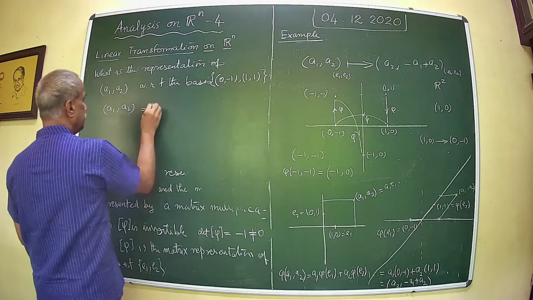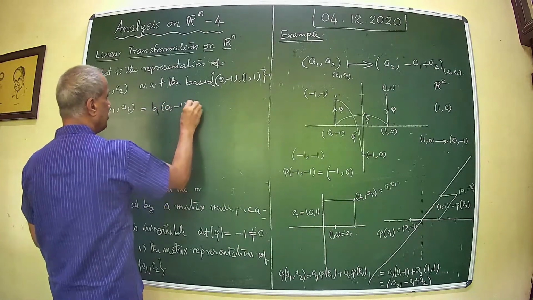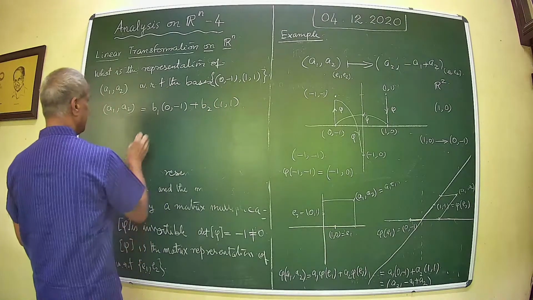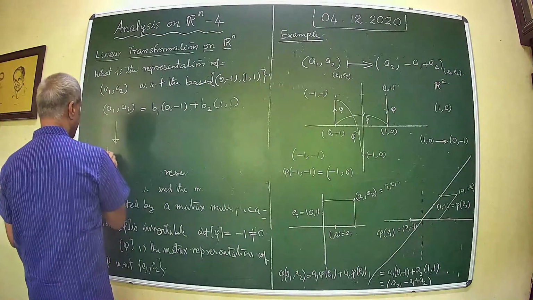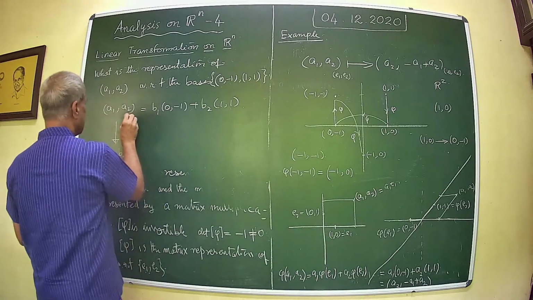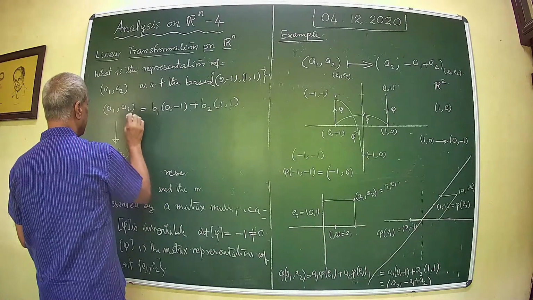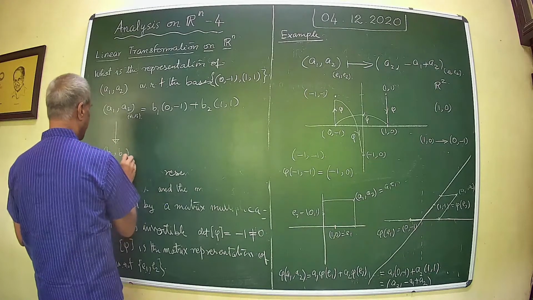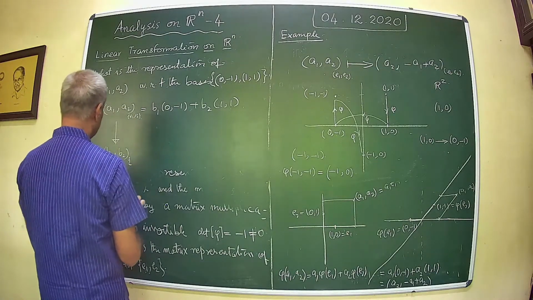You write this as B1 into B1, B2. With respect to the new coordinate system, this is with respect to B1, B1, B2. This point is the same point.